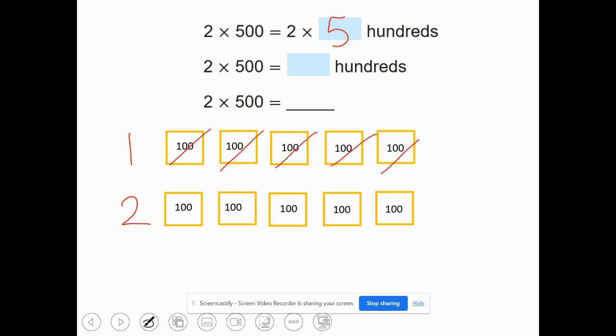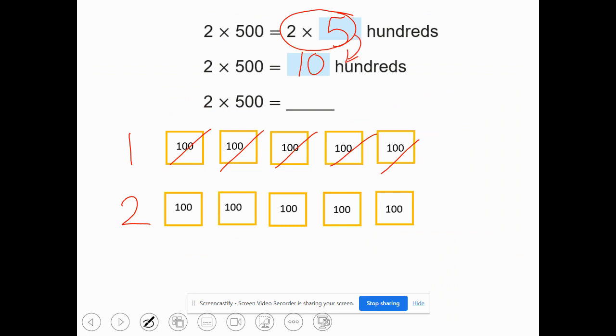I'm multiplying by 5 hundreds. And that means that 2 times 500 is how many hundreds? If I say 2 times 5, that's going to give me 10.